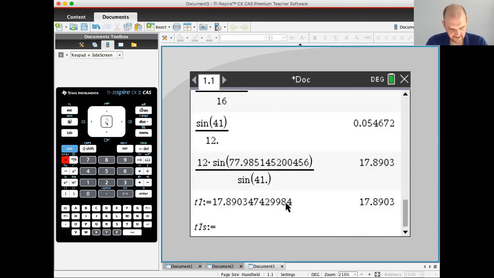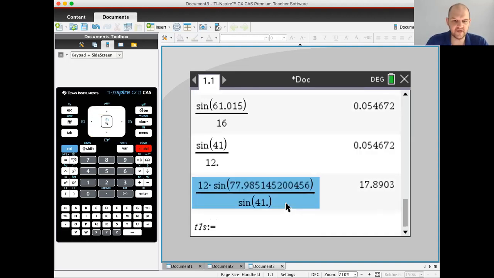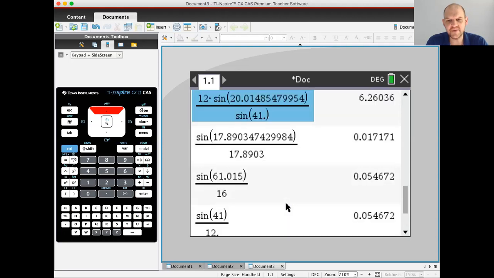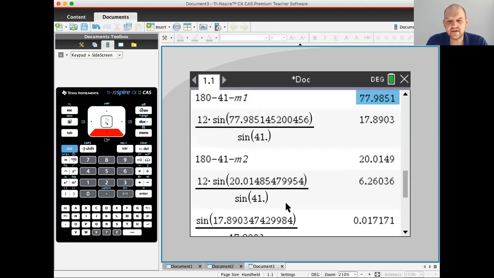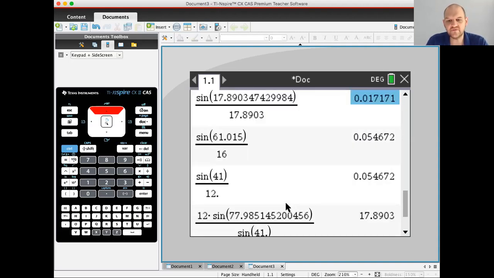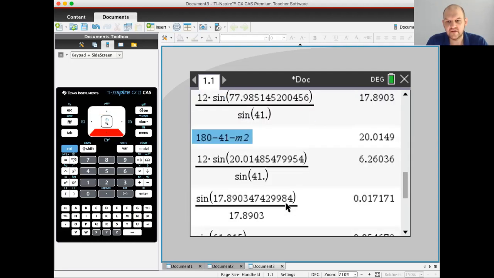I'll make 17 point, oh wait, 7, everybody, I have regrets. All right, T1, I'm gonna store as 77.985, which maybe I just did, but I don't think I did. All right, and then T1 side, I'm gonna store as 17.89. All of this because it just didn't go well for me.